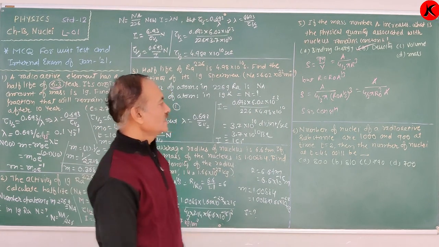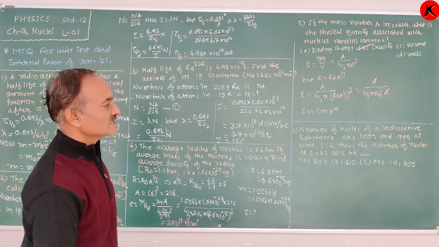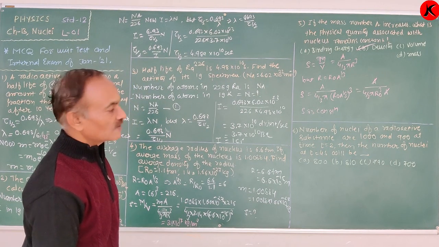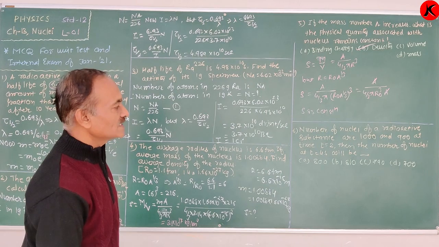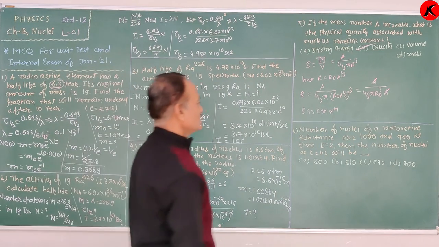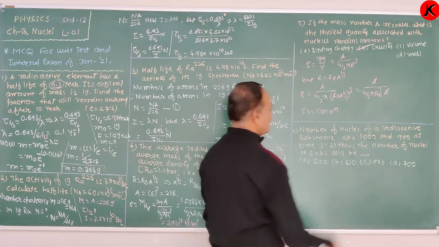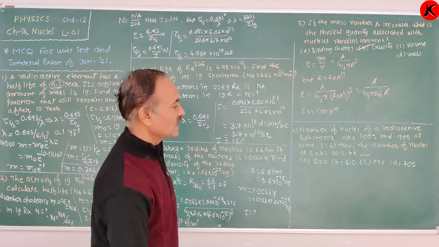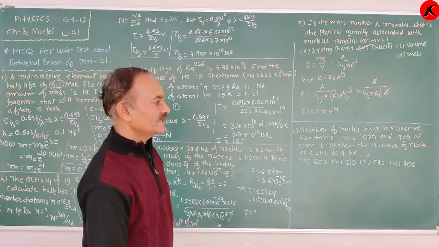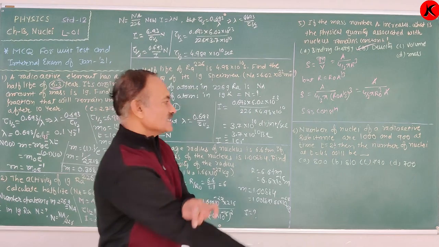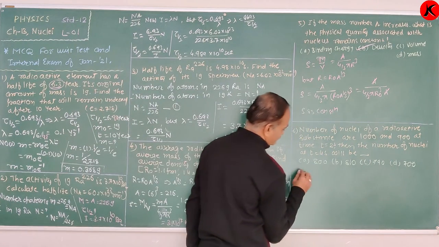Now next, the number of nuclei of a radioactive substance is 1000 at time t equal to 0 and 900 at time t equal to 2 seconds. Then what will the number of nuclei be at time t equal to 4 seconds?